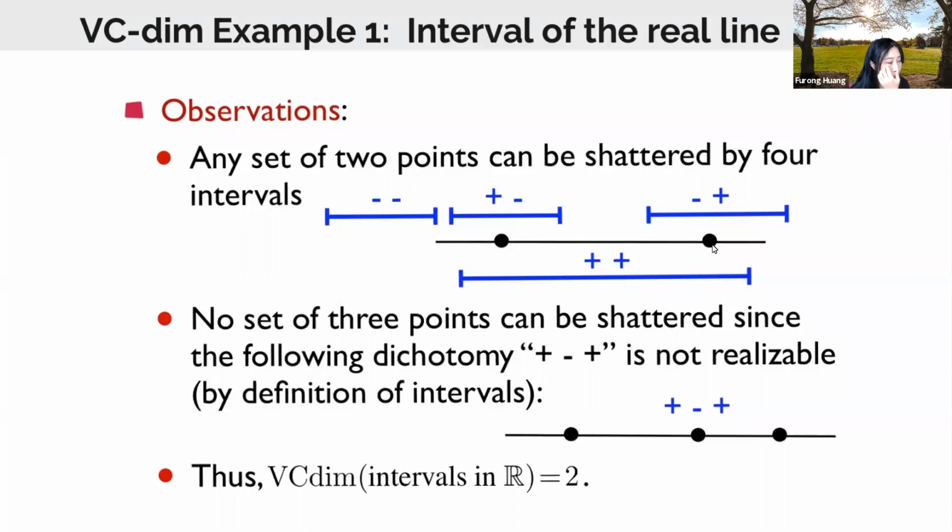Now, just imagine if you have a hypothesis in the hypothesis class, which is this one, let's say. Then how would you label the 2 points? You would label this as positive and this as negative. Why?